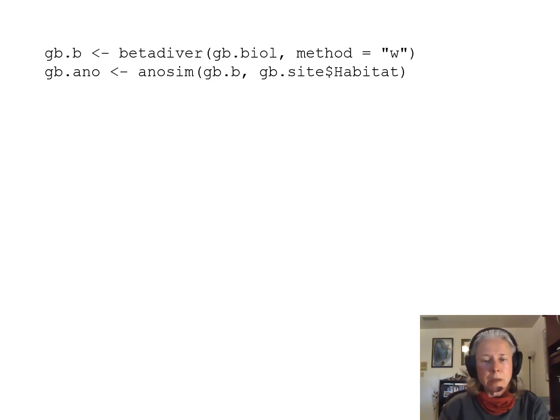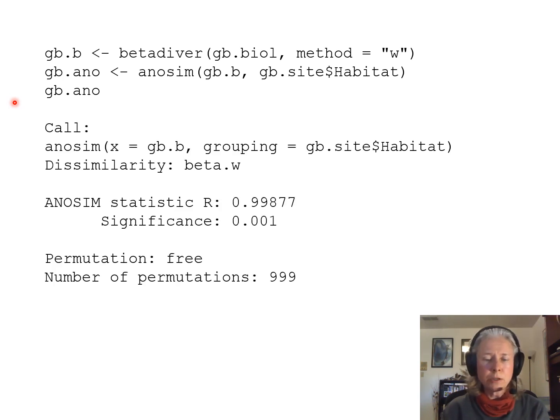And so this is how you do your ANOSIM. In this case, I used the Whittaker measure of dissimilarity, as you can see. And then in order to see the actual output, I have to call this R object that I created, gb.ano, like this. And then the output that I get gives me this, and you can see the significance. It's highly significant here.